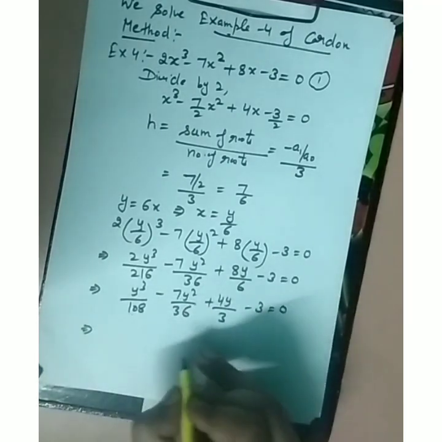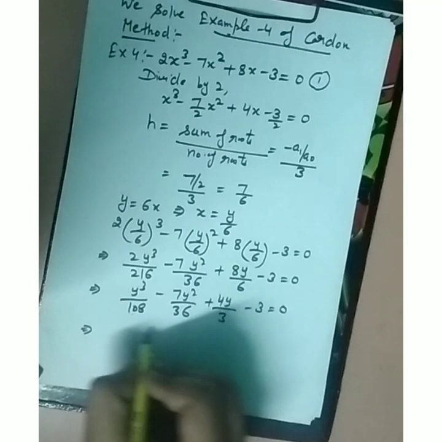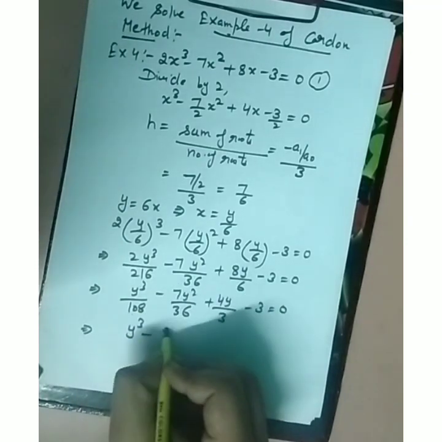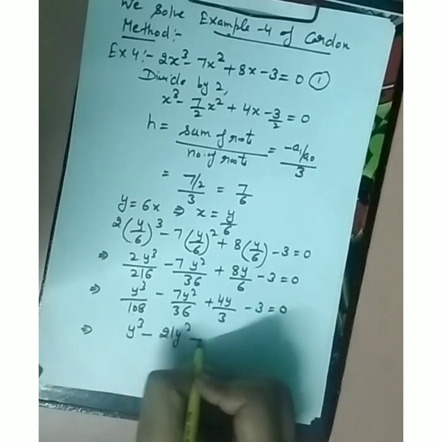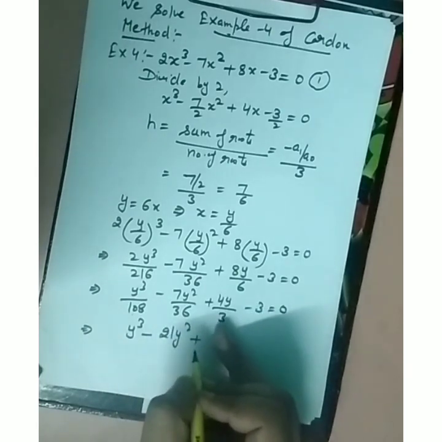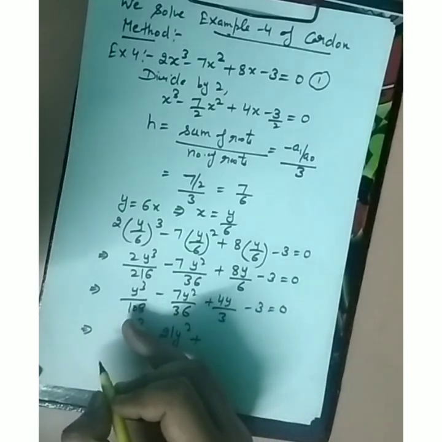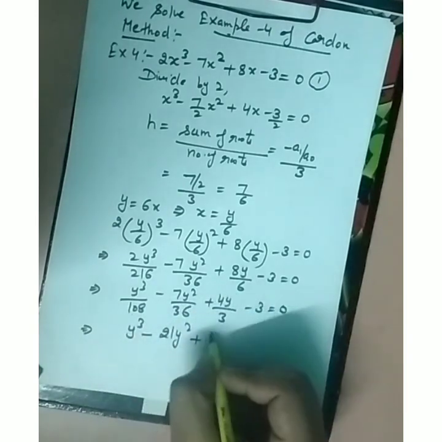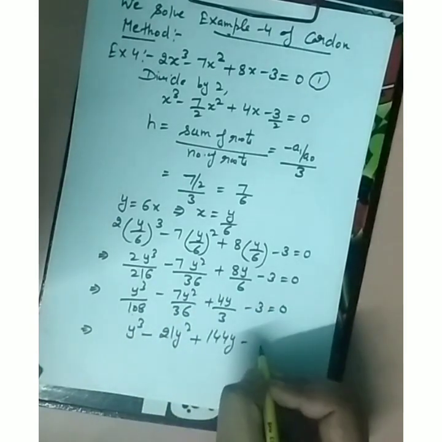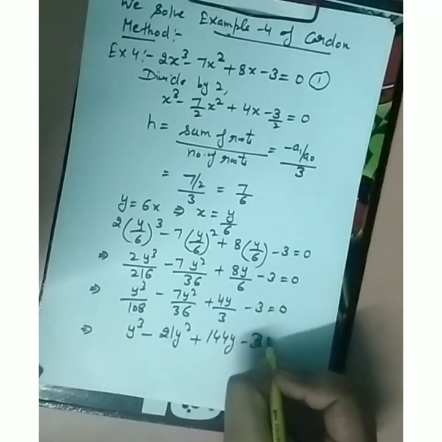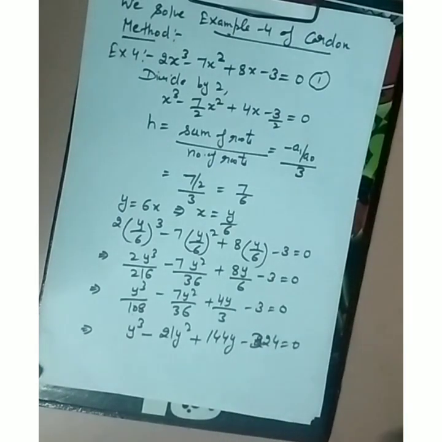We have to take the LCM. The LCM is 108. So that becomes y cube minus 21y square plus 144y minus 324 is equal to 0.